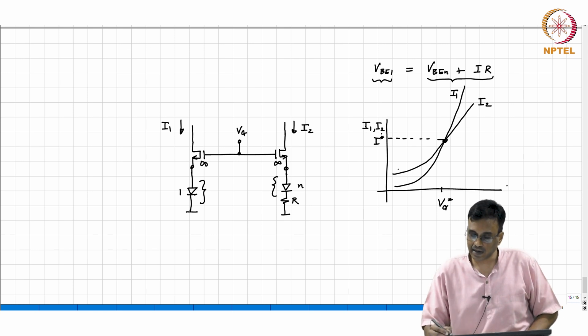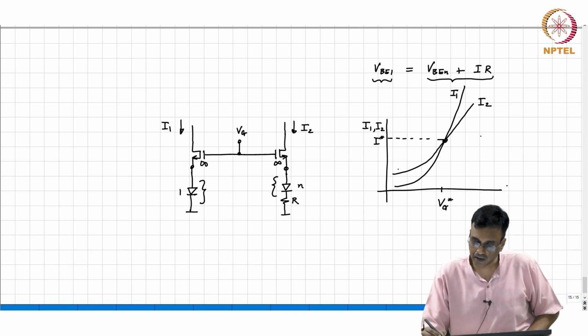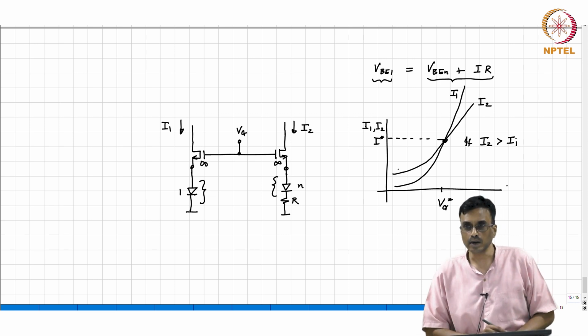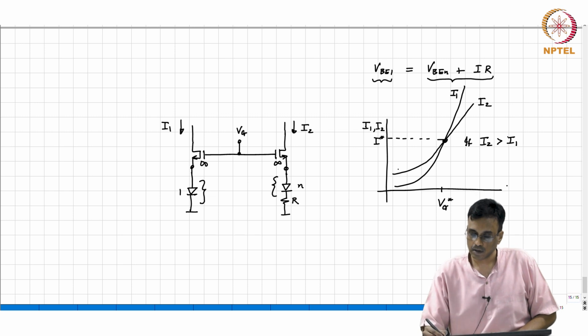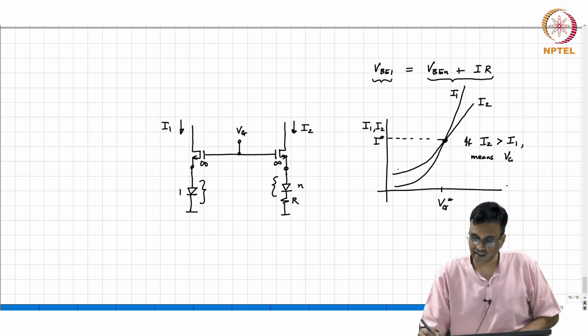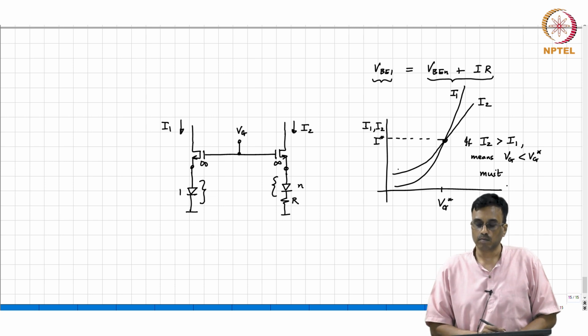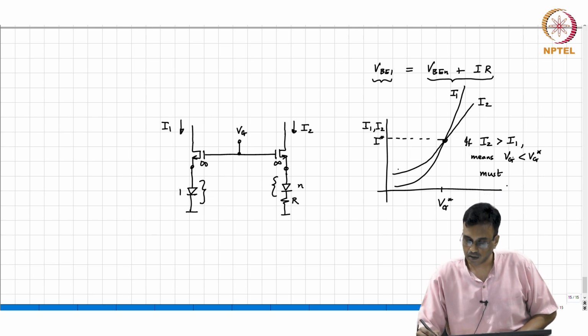Alright. So basically it's saying that if I2 is greater than I1, it means Vg is less than Vg star, so we must increase Vg.